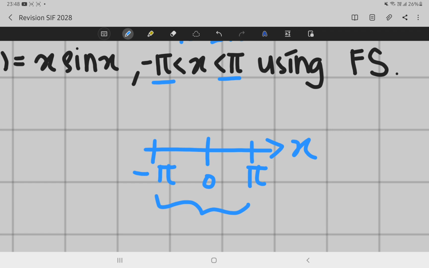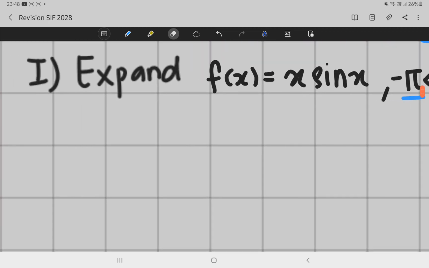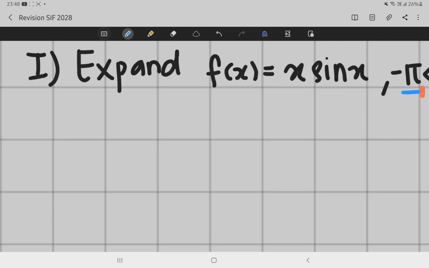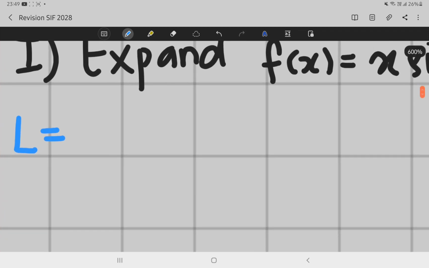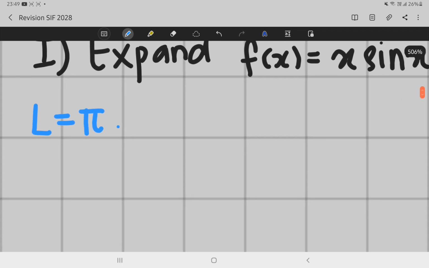It is 2 pi, right? So that's why the period is simply 2 pi. Thus we can say that the value of L in this case is pi. That's the first thing that we need to find, the period or the value of L.